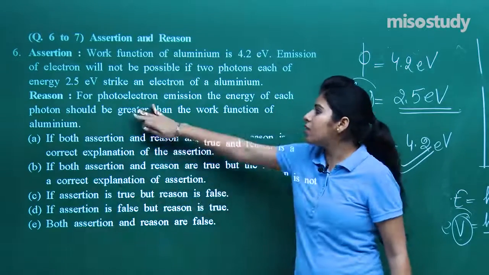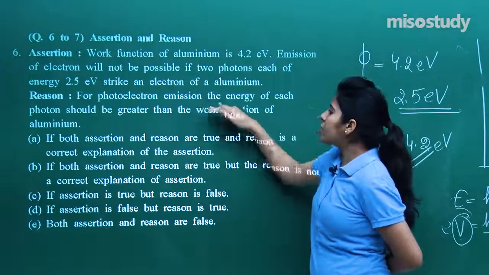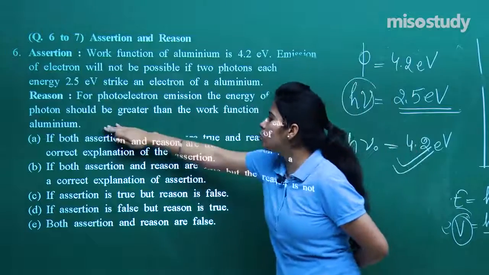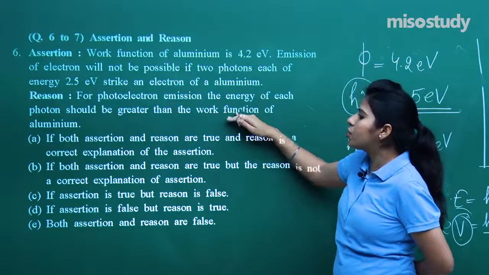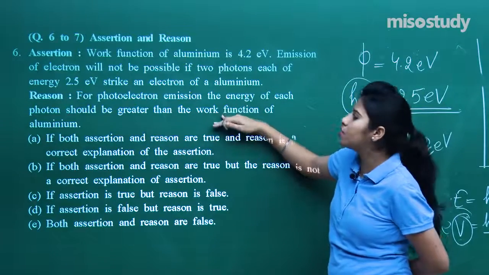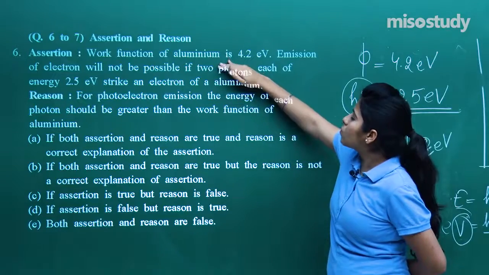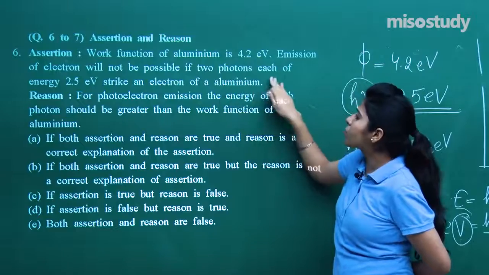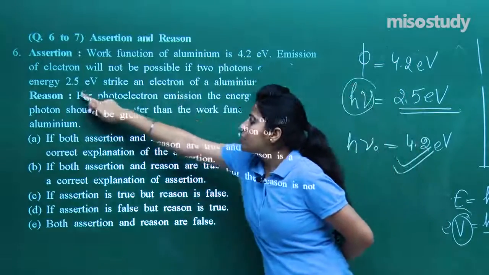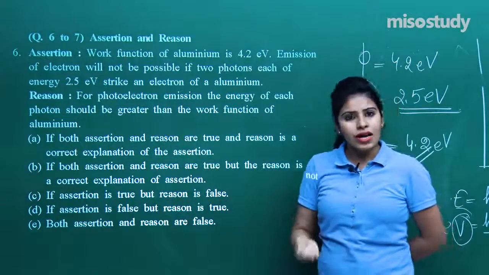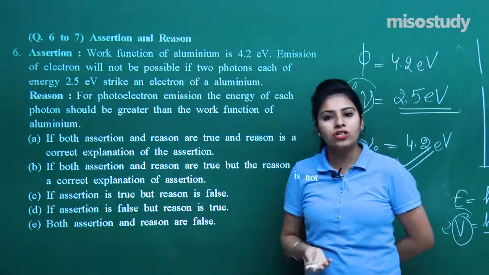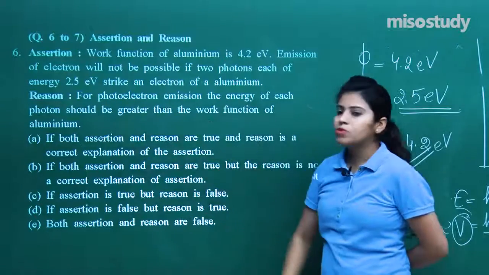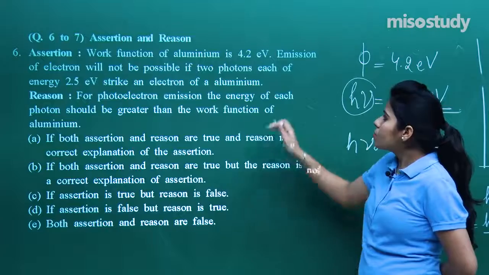So the first statement, for photoelectric emission the energy of each photon should be greater than the work function of aluminium, is the reason that has been given. And the assertion was that the work function is this and emission will not be possible if 2 photons strike an electron. Correct? Because there will be no emission if this energy is 2.5 electron volt.